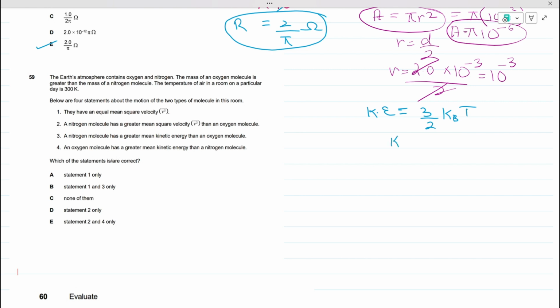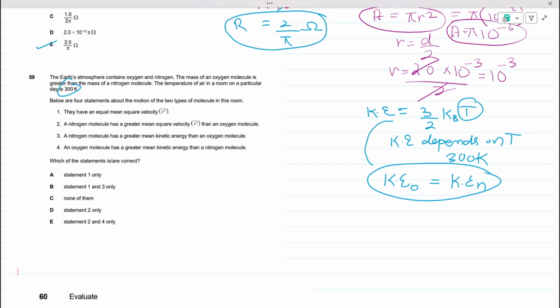And because the temperature is 300 Kelvin for both the cases, from here we can derive that our kinetic energy of oxygen must be equal to the kinetic energy of nitrogen. From this formula we derived this.